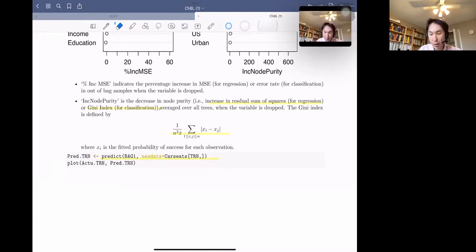And for classification problems, this returns 0, 1, that is, whether a specific observation is predicted as true or predicted as false. And to get probability, we need type equal to probability.